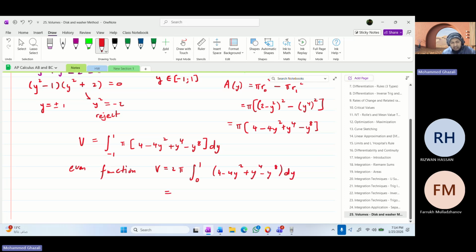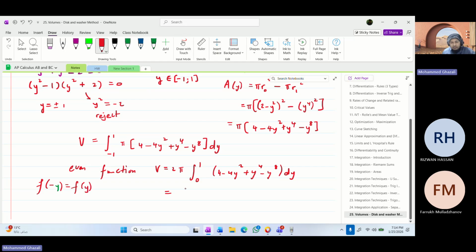It's an even function because f of negative x is equal to f of x, or in this case y. F of negative y is equal to f of y, because you can see all of them are just even powers.